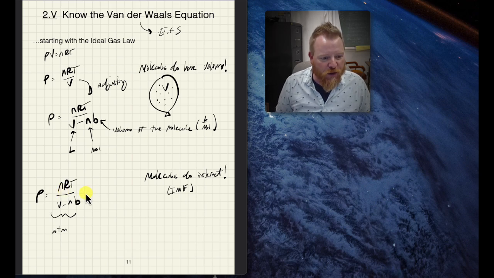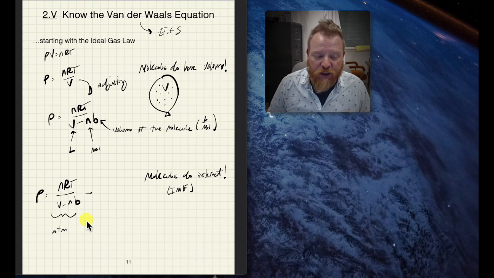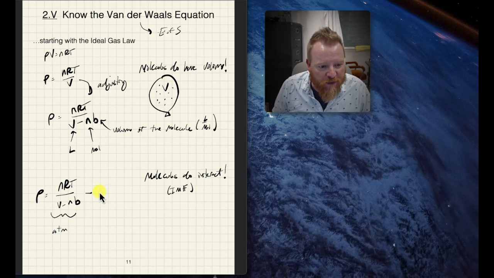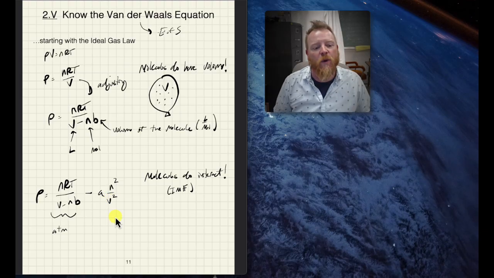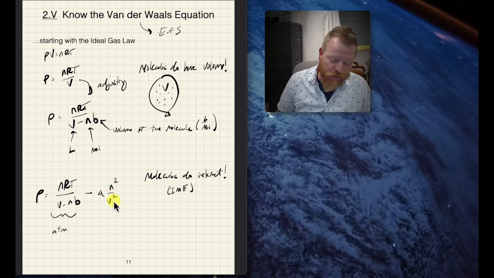So now what we need to do is subtract the pressure that is changed from the intermolecular forces, okay? And that's going to go with the following. That's going to be a times the quantity n squared over V squared. Because as it turns out, that amount of pressure reduction is dependent on the amount, and it is dependent on the volume. Okay.